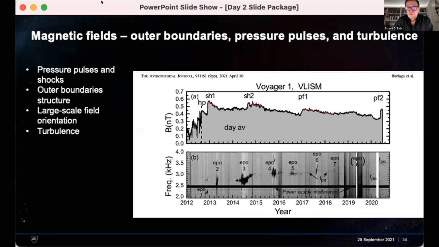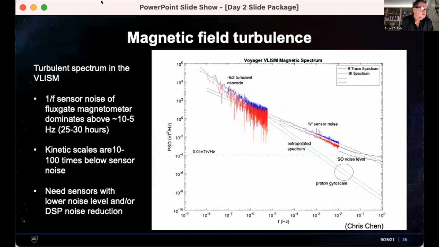And of course, there's just large scale orientation of the magnetic fields, which control the interaction generally. And turbulence.